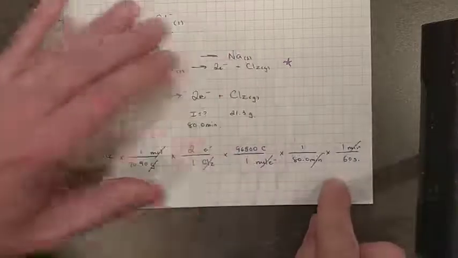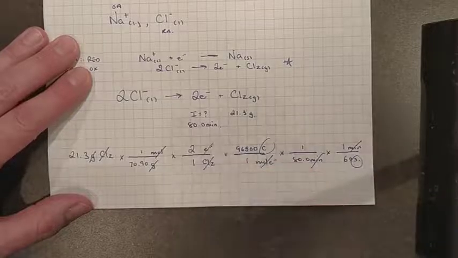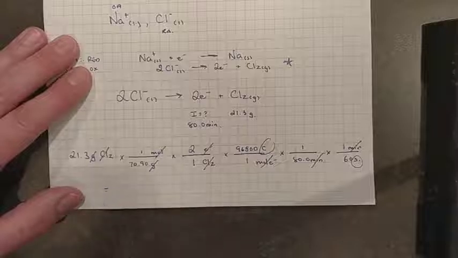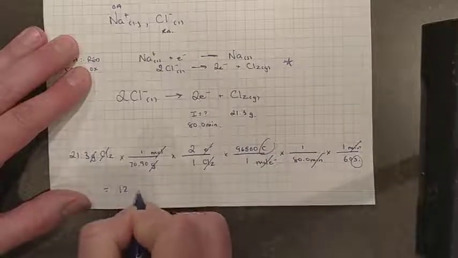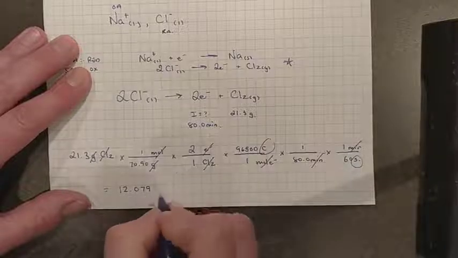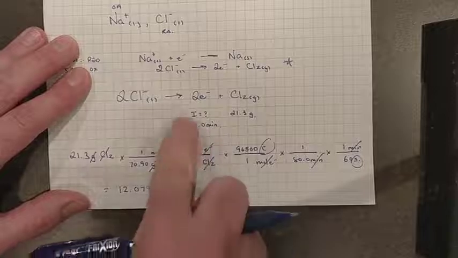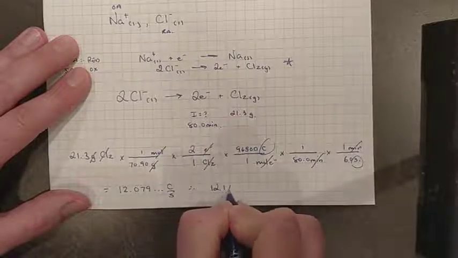Minutes now go, and now I have coulombs over seconds. I now have the current flow. I just have to run this through my calculator, and it should work out to 12.079 coulombs over seconds. So therefore, in 3 digits, this is 12.1 amps.